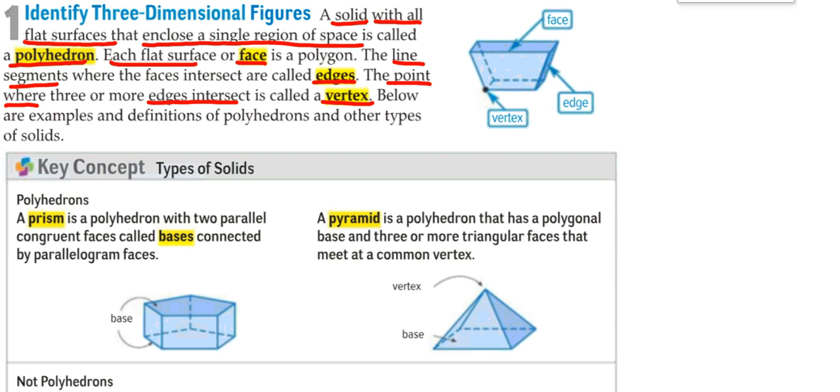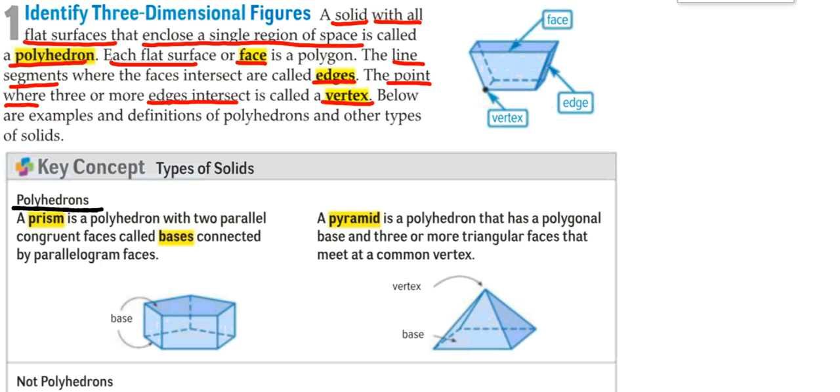It has 6 sides that are all faces. These 2 are additionally bases, but they are still faces. The edges are right along here, and the vertices are those little points. So we know all about those ideas.